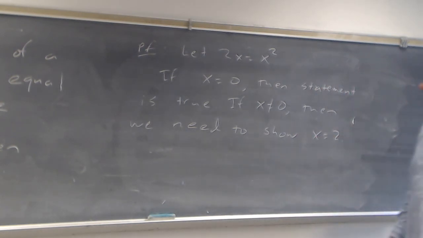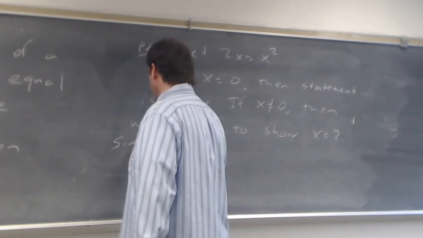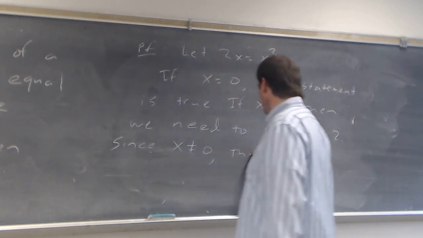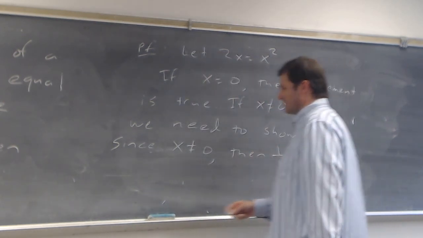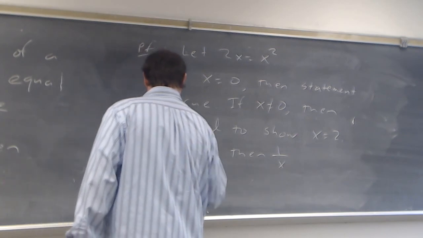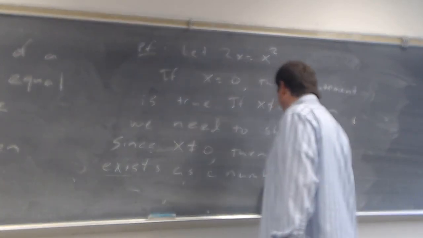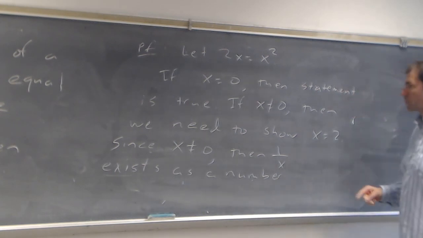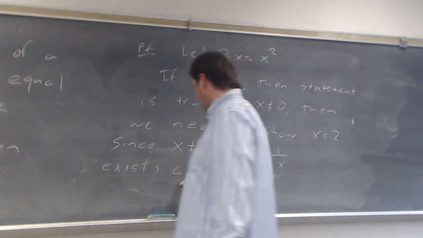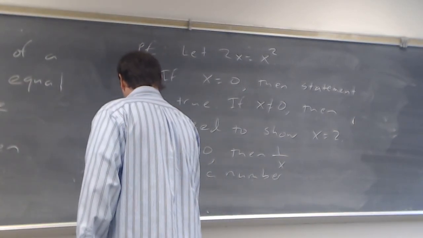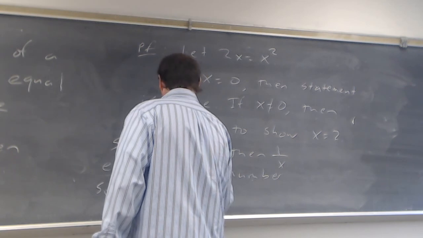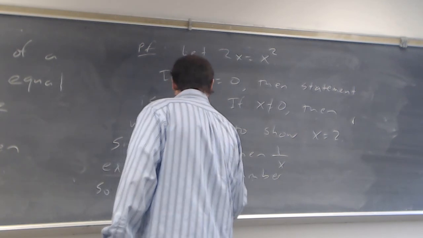All right, well, since x is different than 0, then 1 over x exists as a number. So what I can do is take that 1 over x and multiply it by each side of this equality to get that 1 over x times 2x should be equal to 1 over x times x squared.